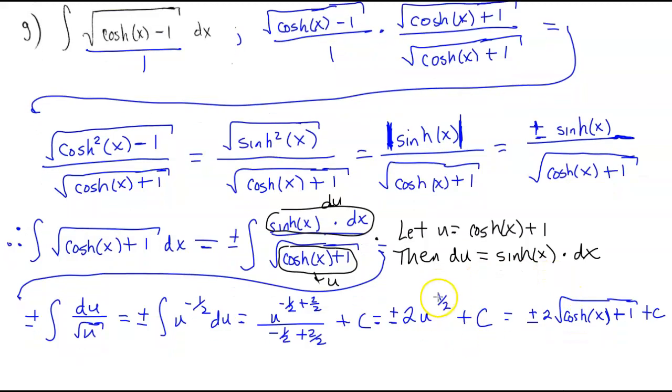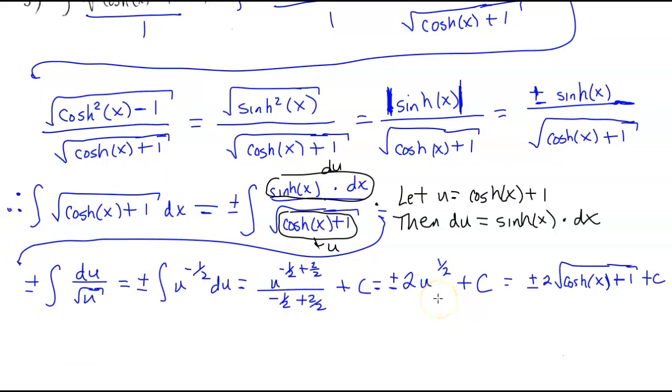And so now to finish up, we're at a point now to where we have an answer, but we need to know when is this particular result going to be positive and when is it going to be negative. And so that's what we're going to decipher now.